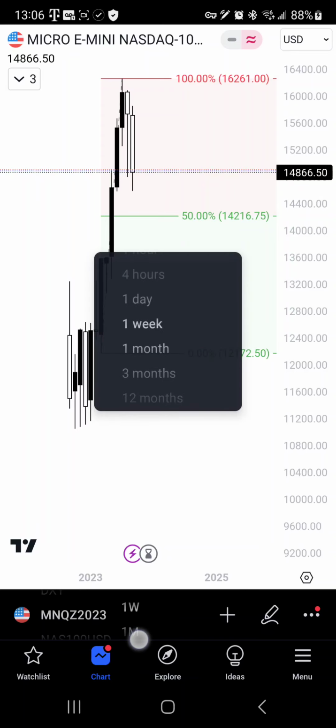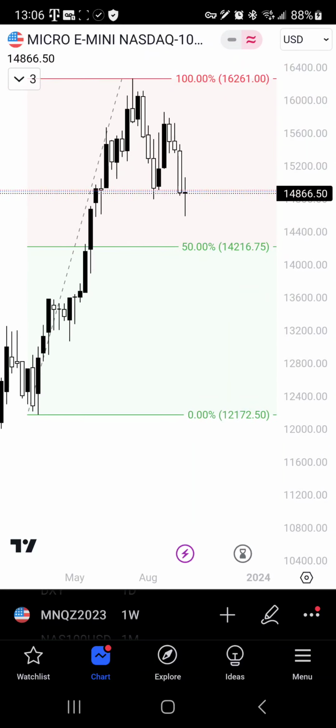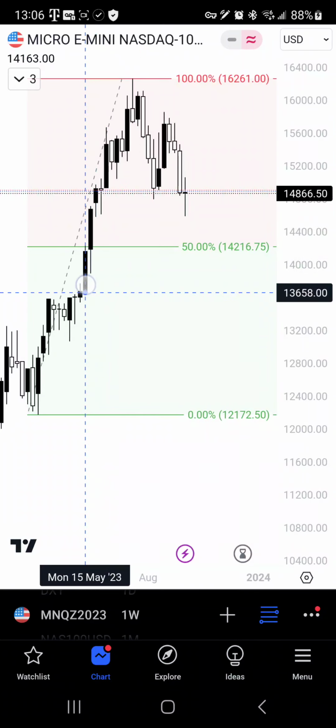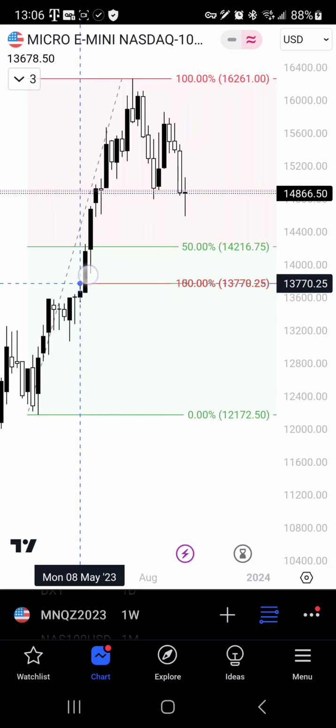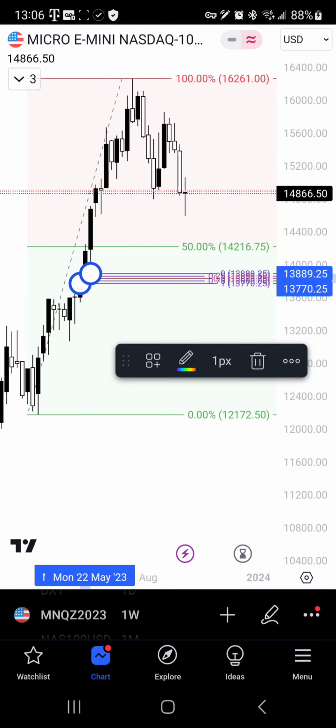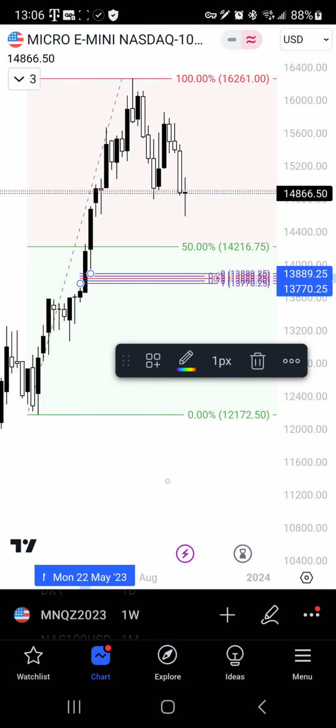All right, from there, I want to drop down into the weekly. Okay, and now I want to begin to mark out my discount PD arrays. So the very first thing that catches my eye that is in discount is this fair value gap. All right, let's go ahead and lock that on, throw that to the back.